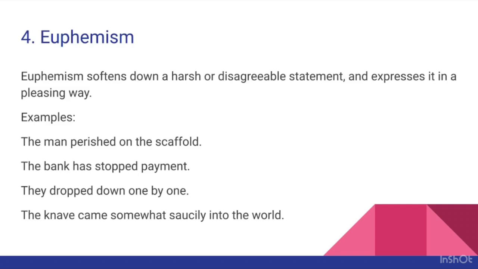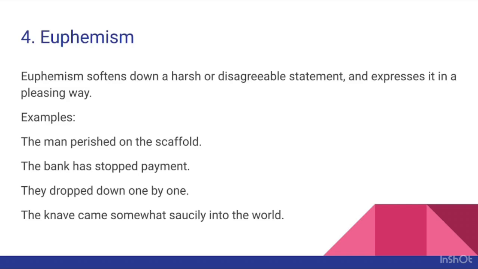So, in this figure, the speaker is roundabout in his expression, but in this case, the purpose is not to hurt anyone, but to express unpleasant ideas or matters in a pleasant or agreeable manner. And the purpose of the speaker is to spare one's feelings.